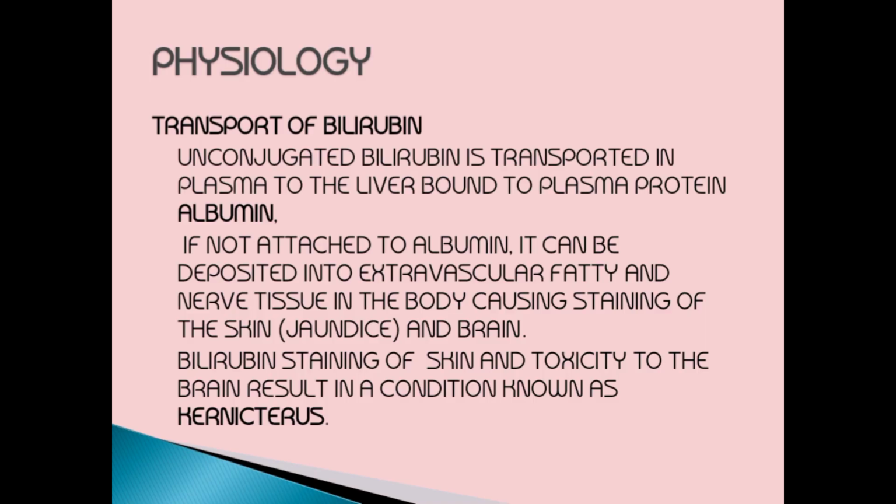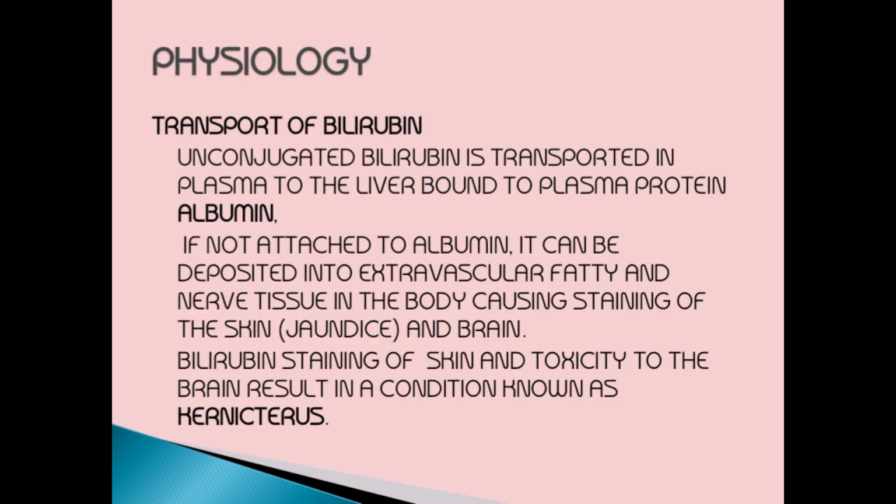If you remember, we talked about the causes, we said there are some factors that decrease the ability of albumin to bind with unconjugated bilirubin. So now we're saying that unconjugated bilirubin will be combined with albumin.